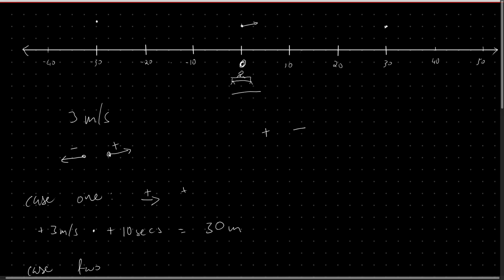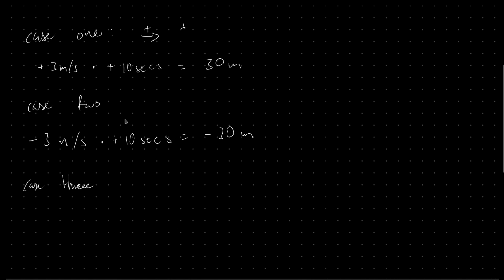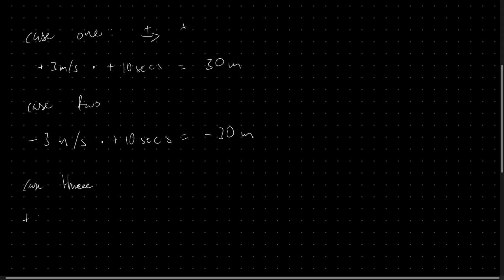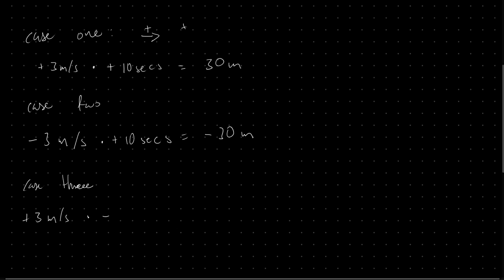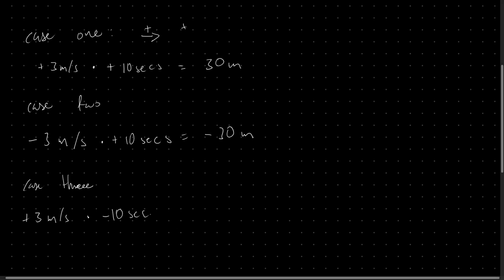Where were they 10 seconds ago? Well, they were traveling to the right, so positive 3 meters per second times negative 10 seconds, because it was in the past. So they would have been at the negative 30 meter mark.